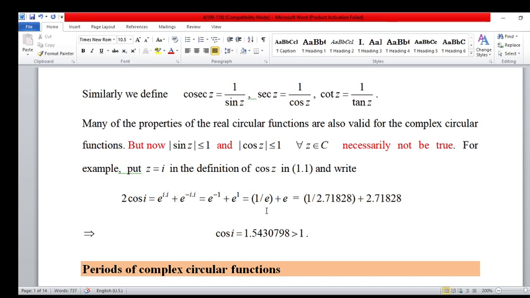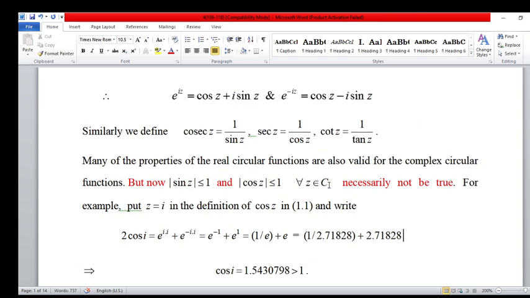So this is 1 upon e plus e, and the value of e is 2 point something. So the value of cos i is about 1.5, which is greater than 1. So this line is true.